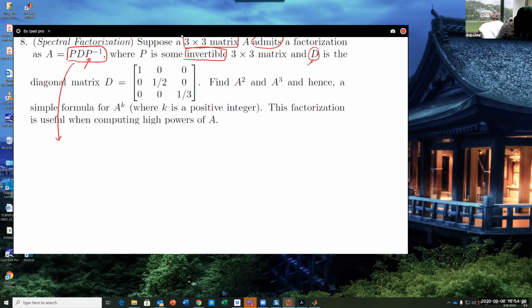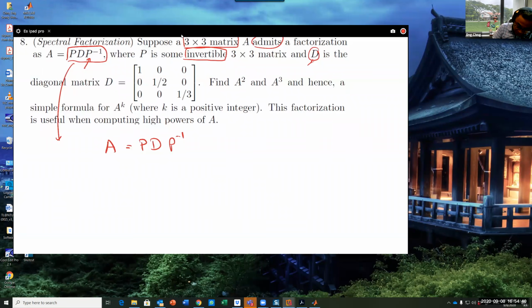Let's see how, but let's motivate first. We say A can be broken into P, D, P minus 1. We don't care what P and P minus 1 are, but all we know is that they are invertible. So what about A times A? I'm going to write it in 2 different colors.